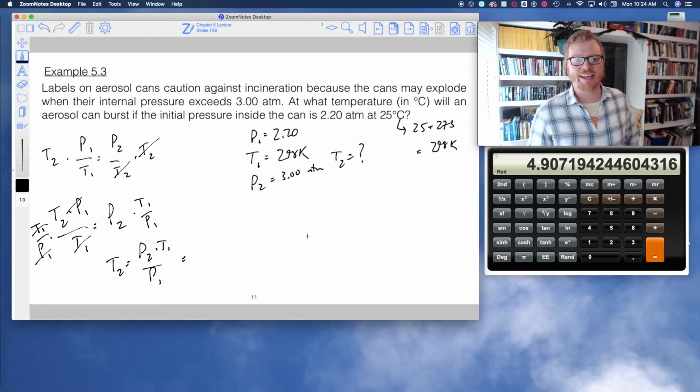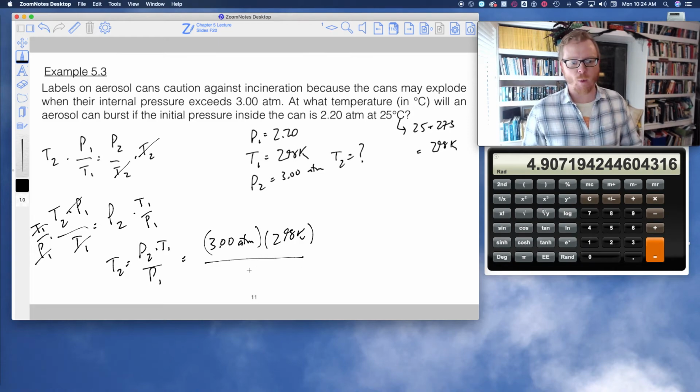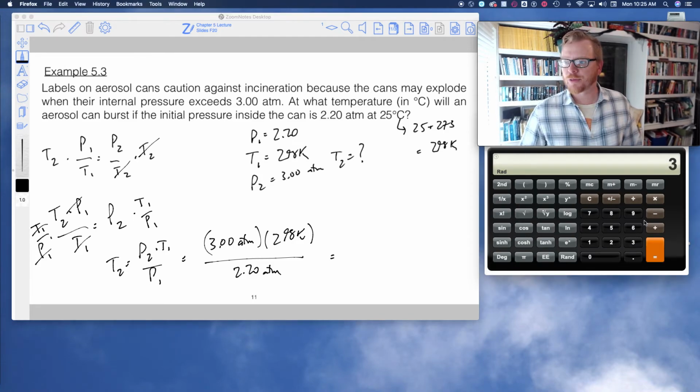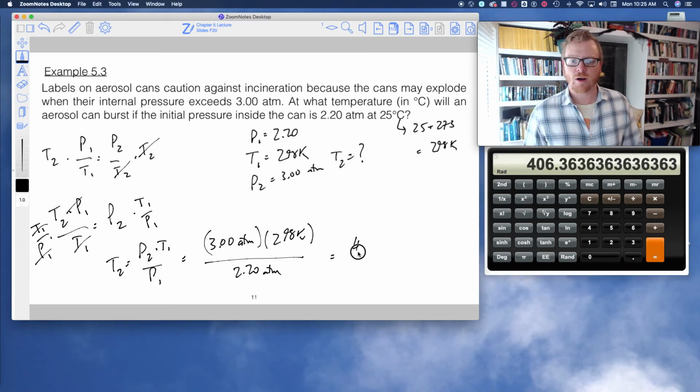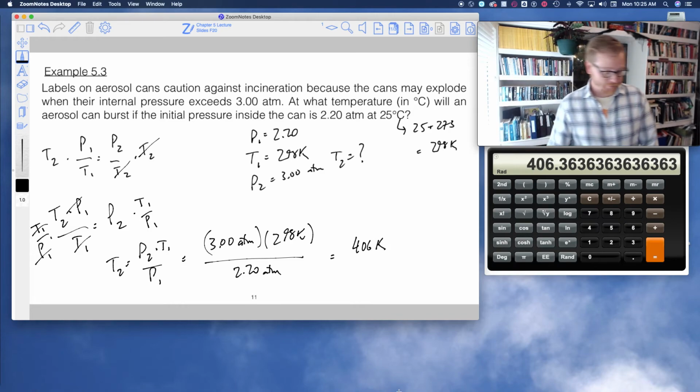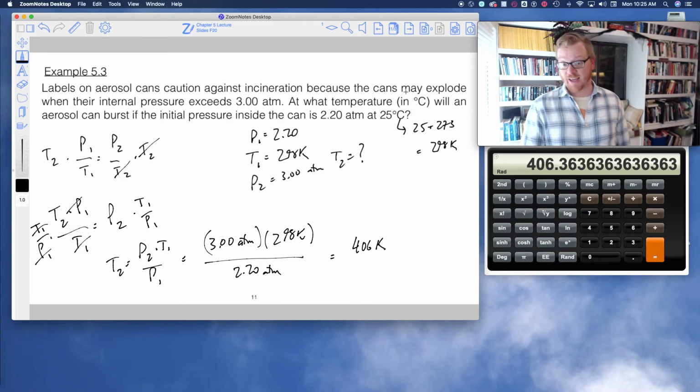And now my P2 is 3 atmospheres times my T1, which is 298 Kelvin, and my P1 was 2.20 atmospheres. Okay, so when I do all of that, 3 times 298 divided by 2.2 equals 406 Kelvin, but it's asking me for the answer in Celsius.